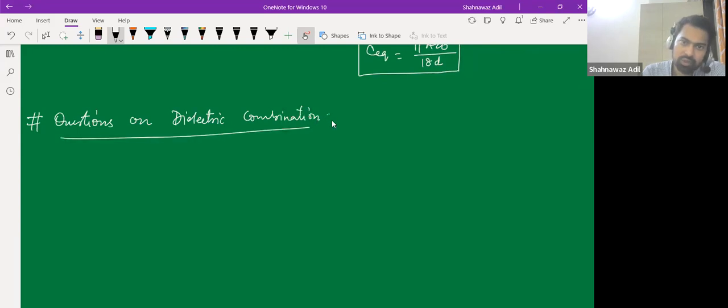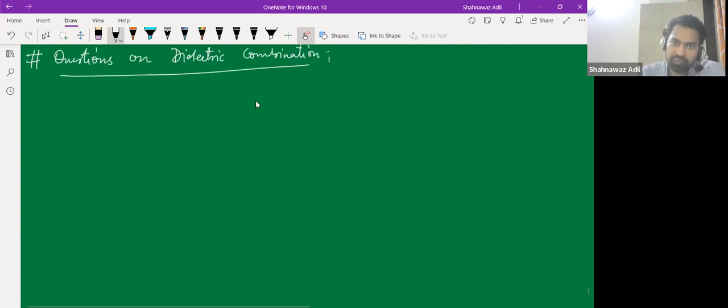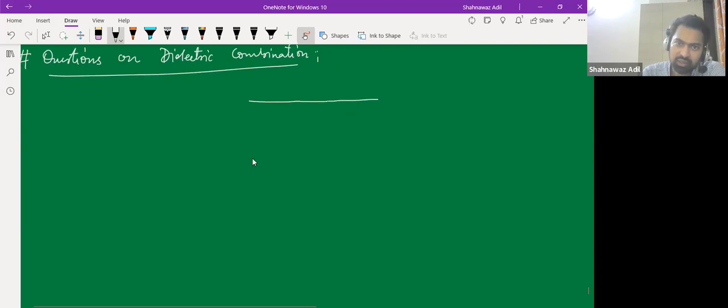So the first would be that, let's say you have this capacitor, and there is a partition like this, right? And the two dielectrics are placed like this.